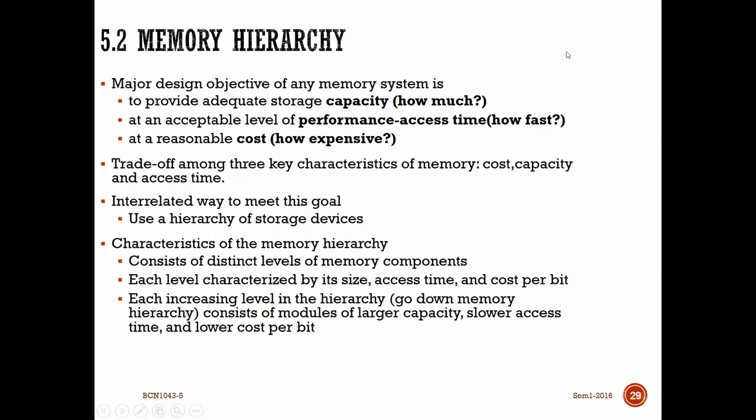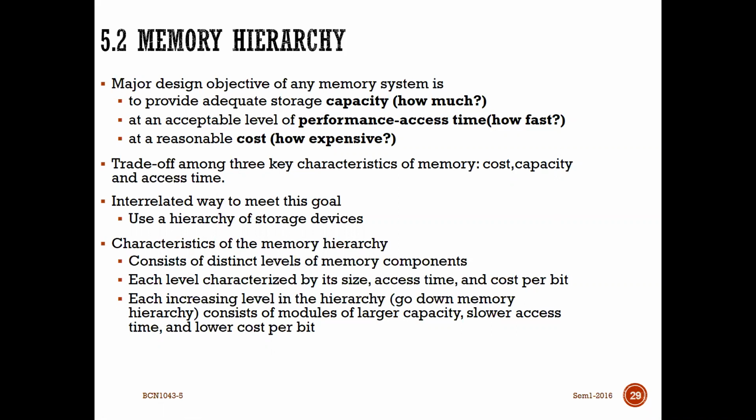Memory hierarchy. The major design objective of any memory system is to provide adequate storage capacity and an acceptable level of performance, access time, at a reasonable cost. The memory hierarchy consists of distinct levels of memory components. Each level is characterized by its size, access time, and cost per bit.